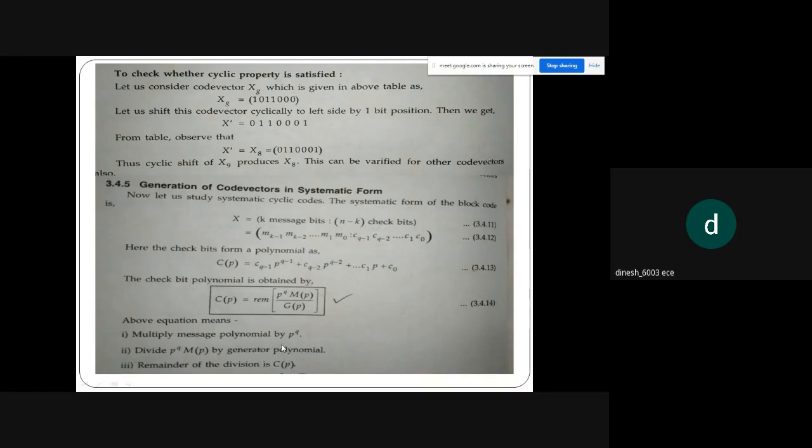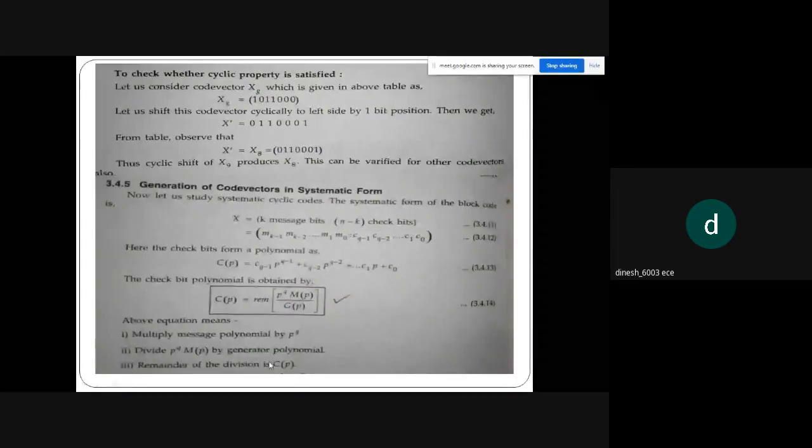So multiply that with p^q, then divide that p^q M(p) by the generator polynomial G(p). So G(p) will be given in the problem, M(p) will be given in the problem, and the remainder of the division, whatever remainder we get, that is your check bit polynomial C(p). So let us see that with an example also.